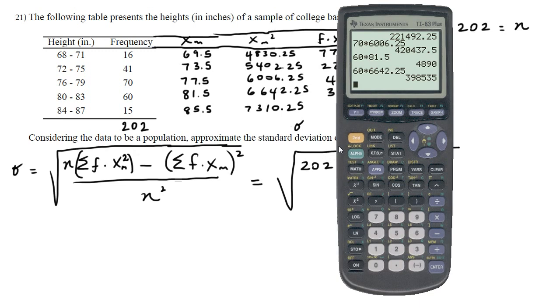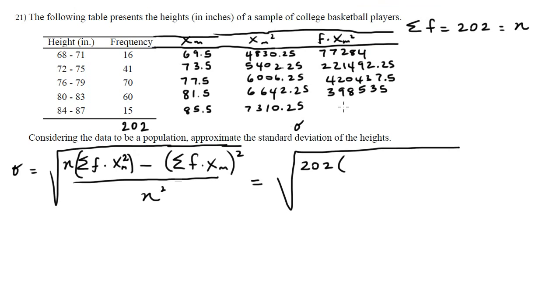And then we have 15 times 7310.25, that's 109,653.75. Okay, so that's the frequency times the midpoint squared.